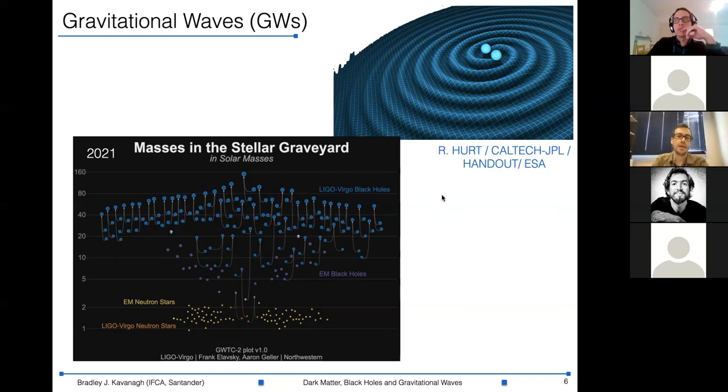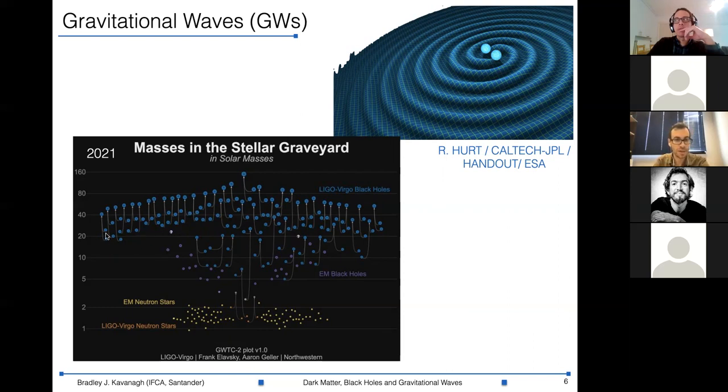Okay, and so every year when I give a talk like this, this particular plot, which shows the known black holes and the observed gravitational wave signals from the mergers of those black holes, just gets more and more packed.